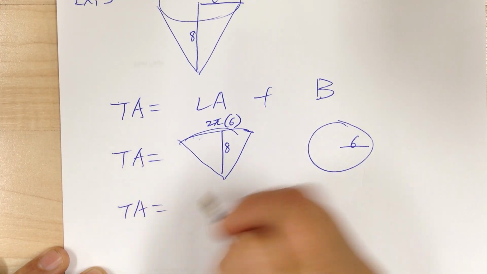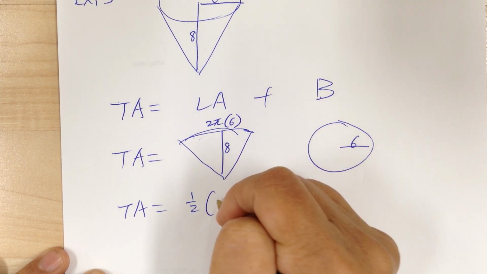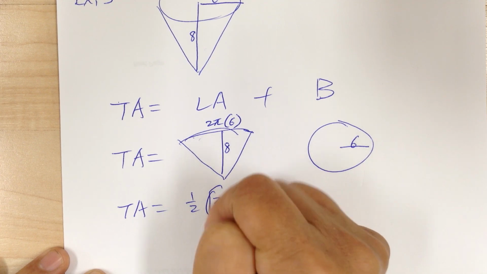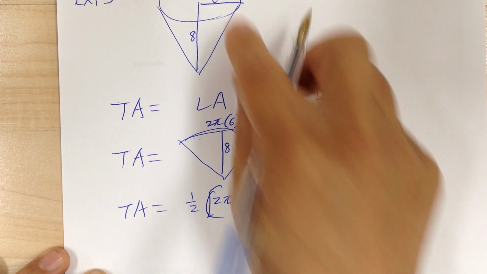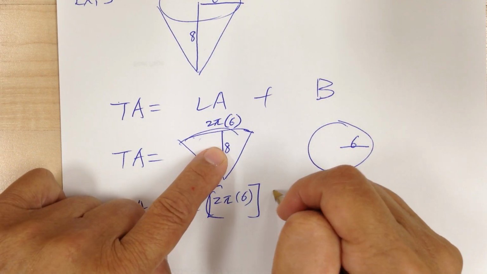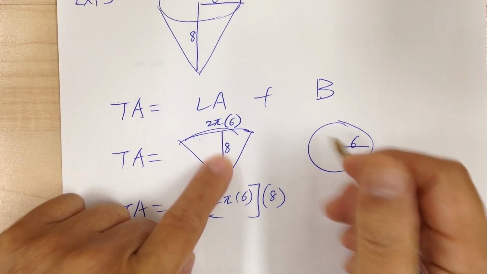This is going to equal, now it's a triangle, so it would be 1/2 the base, 2 pi r. That's the circumference. Times the height, the slant height, or actually back up. This is the h.